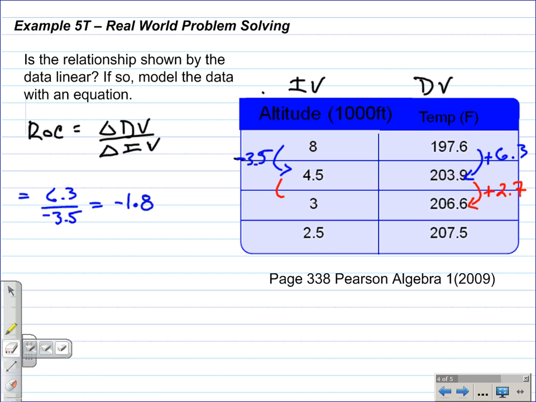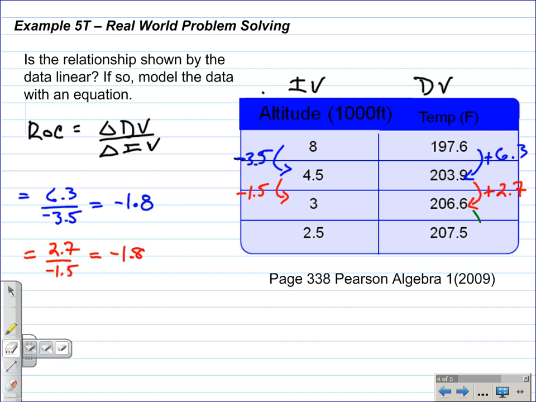And the change in the independent variable from 4.5 to 3 is a decrease of 1.5. So finding the rate of change would be 2.7 over a negative 1.5 using a calculator or by hand. This would give negative 1.8.